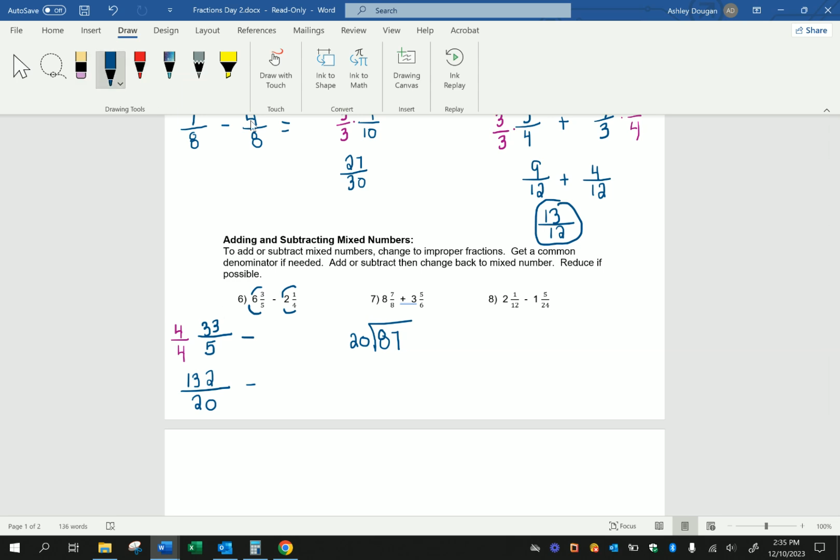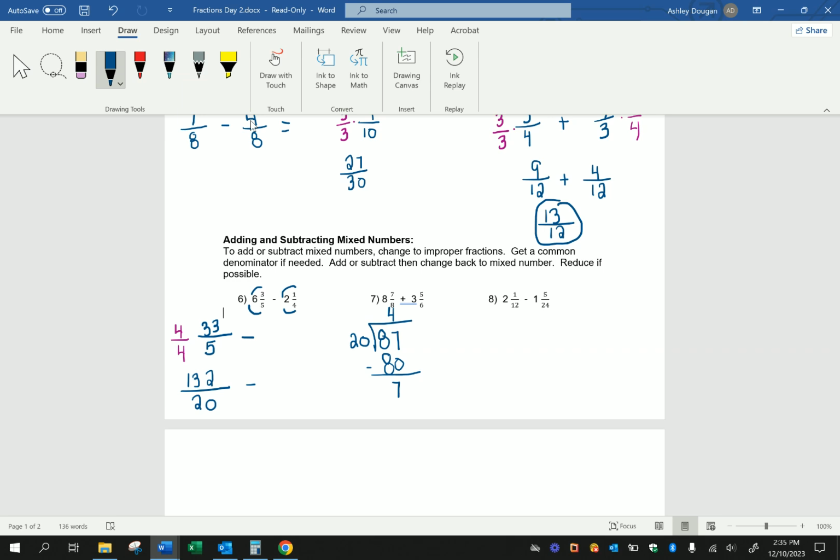But I'm looking at how many times will 20 go into 87? And that would be 4. 20 times 4 gives you 80. And when I subtract, I get 7.